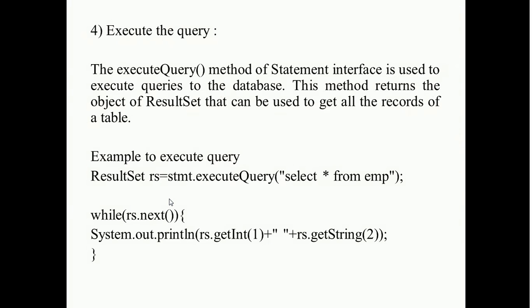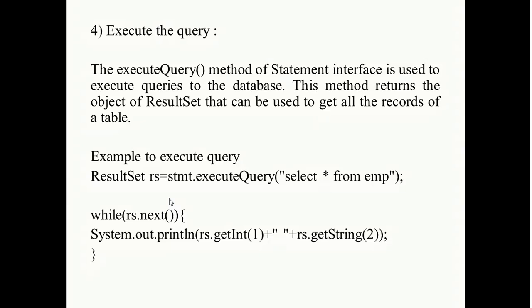Fourth step is execute the query. The executeQuery method of the Statement interface is used to execute the queries to the database, and this method returns the object of the ResultSet that can be used to get all the records of the table. For example, to execute the query: ResultSet rs is equal to stmt, the statement object, dot executeQuery("select * from emp").